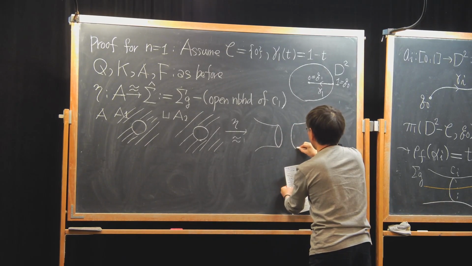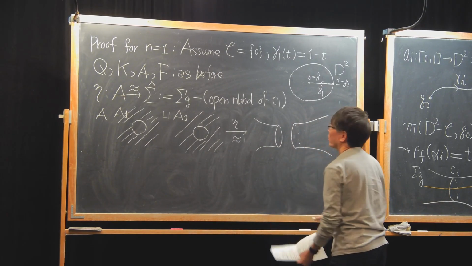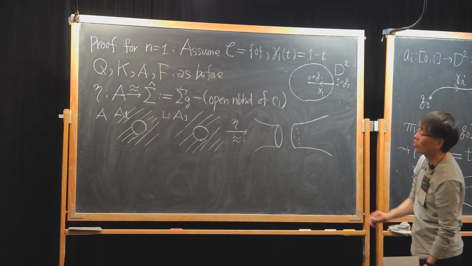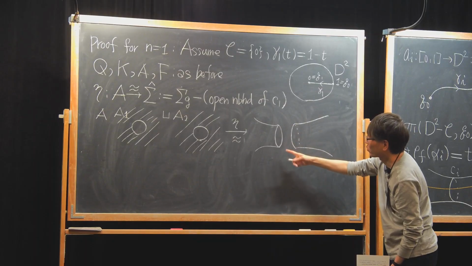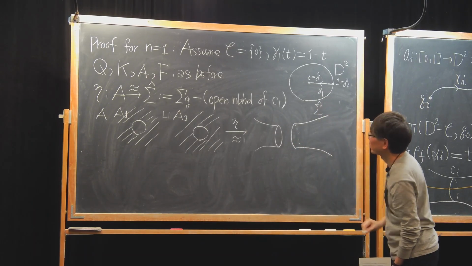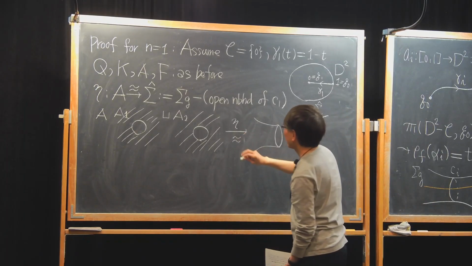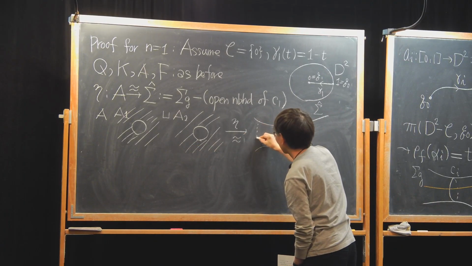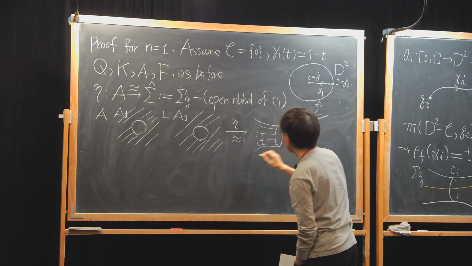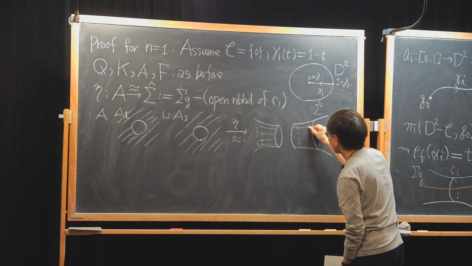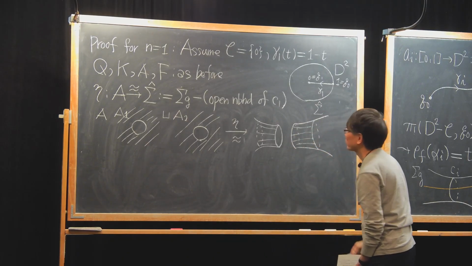So sigma hat is sigma g minus an open neighborhood of some simple closed curve. So sigma hat is something like this. And eta is a diffeomorphism between A and a collar neighborhood of the boundary of sigma hat. Okay?